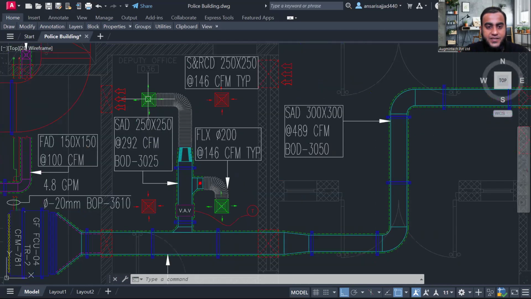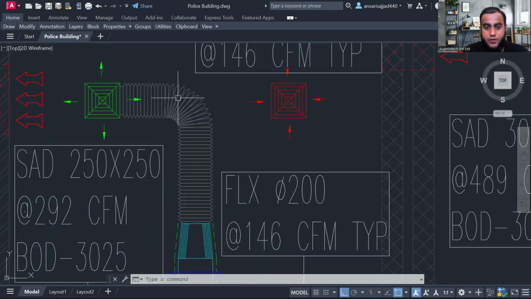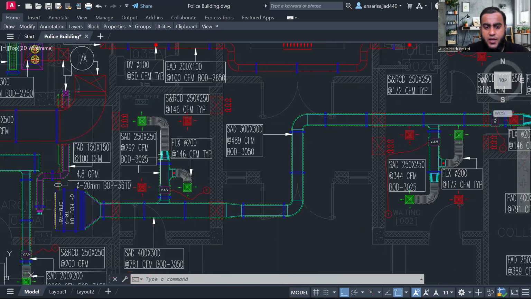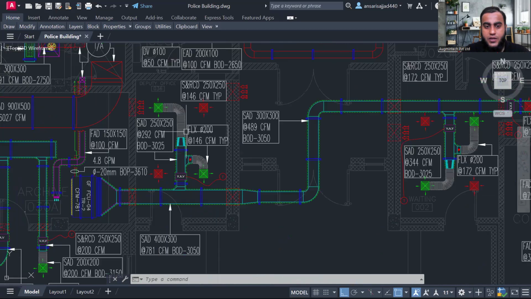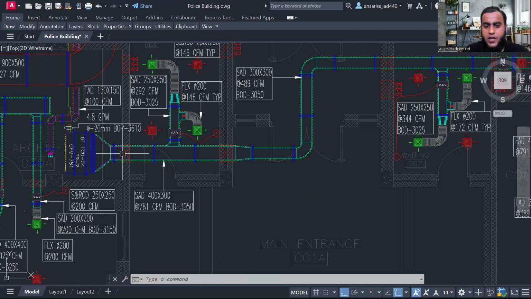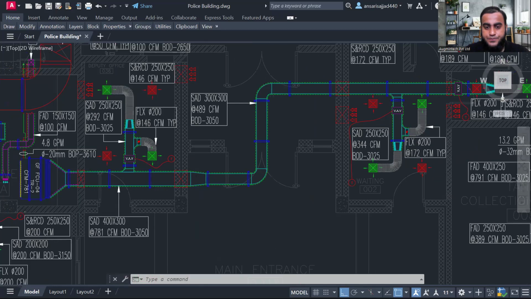The green color is our supply ceiling diffuser and the red color is the return ceiling diffuser. Here we are using flexible duct to connect to the diffuser. It depends on the requirement; sometimes we do not use flexible duct and connect the duct directly. The duct we are using here is rectangular duct.